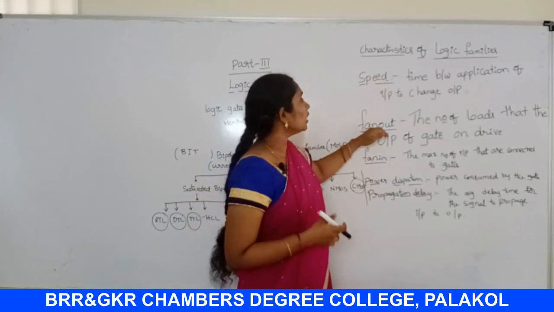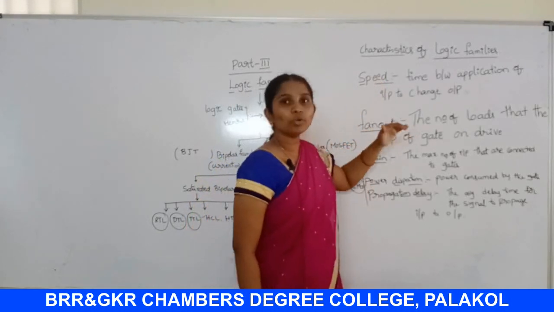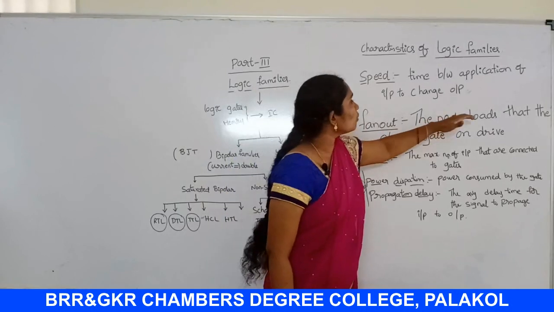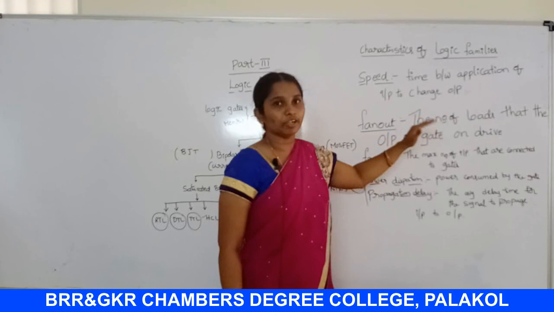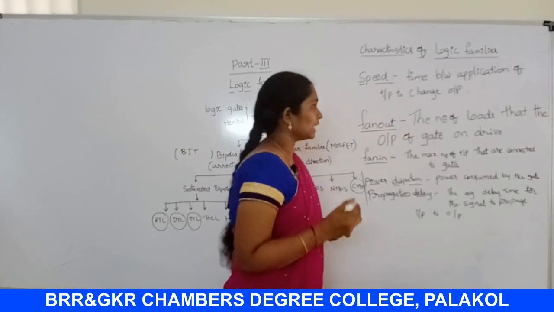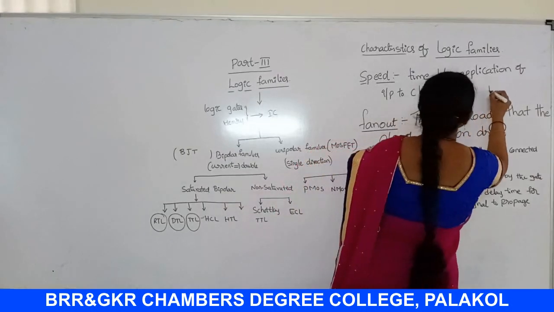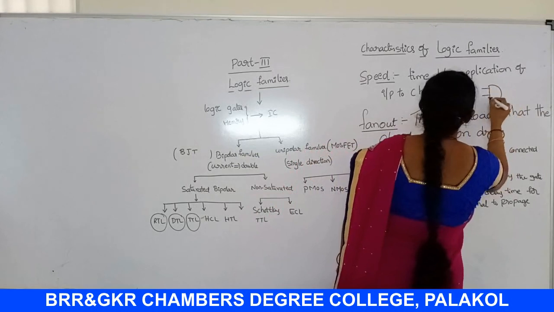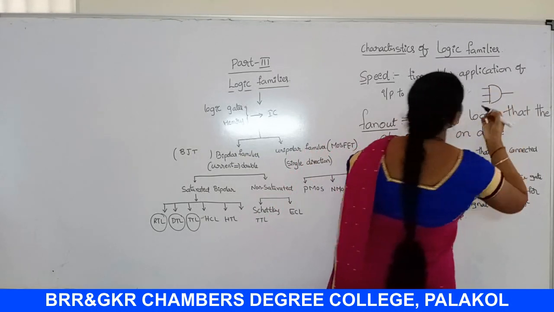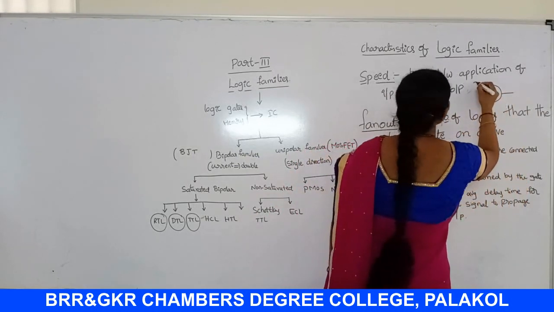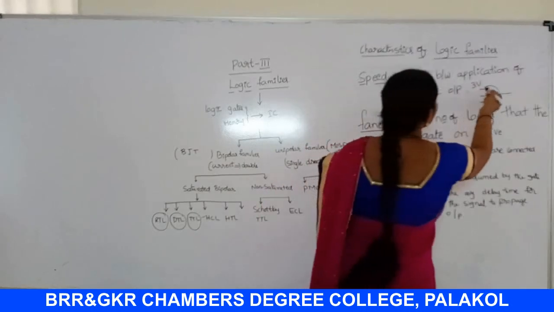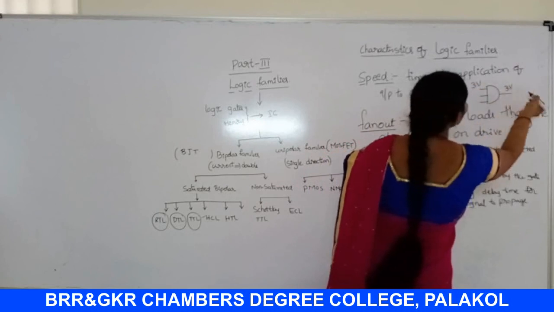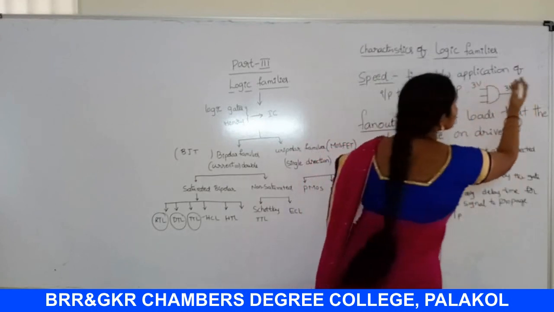And next coming to the fan out. Fan out is the number of loads that the output of a gate can drive. I consider a logic gate. This logic gate can operate with 3 volts. This 3 volts is used to operate some other gates as well.